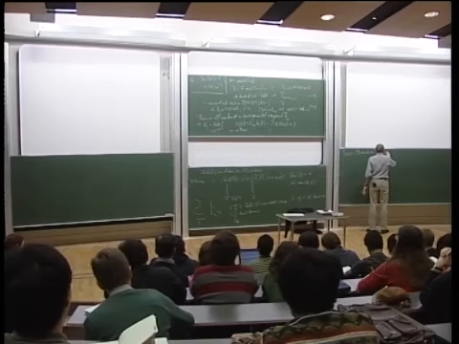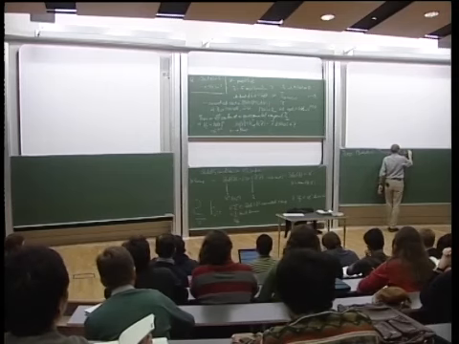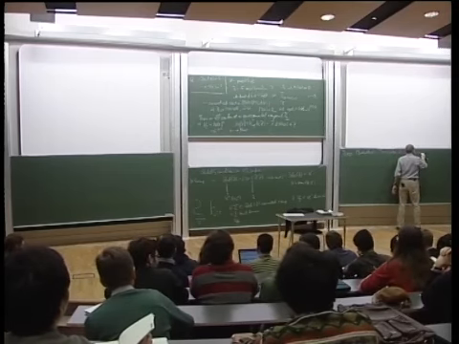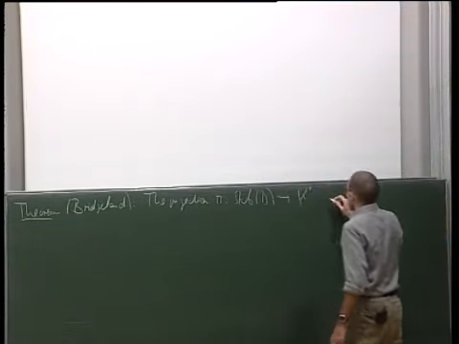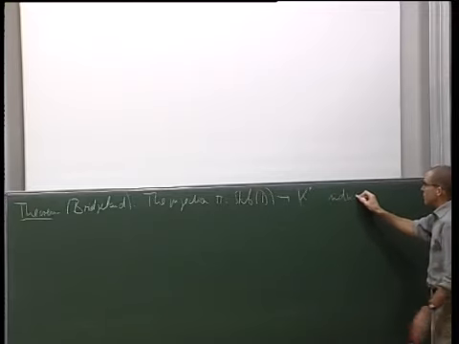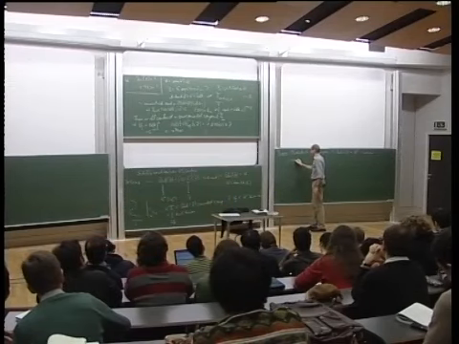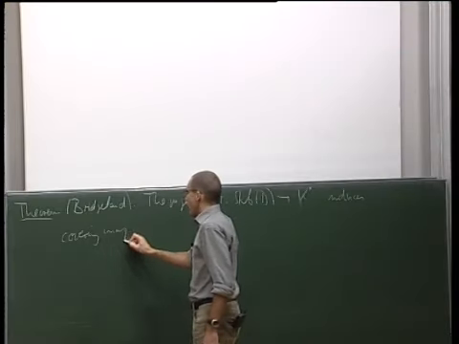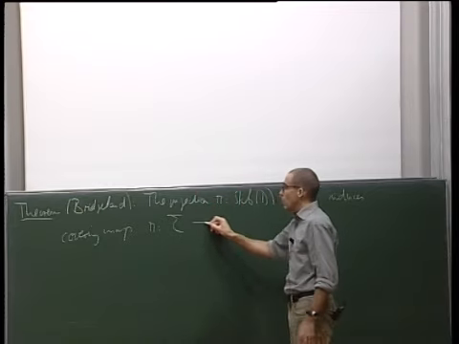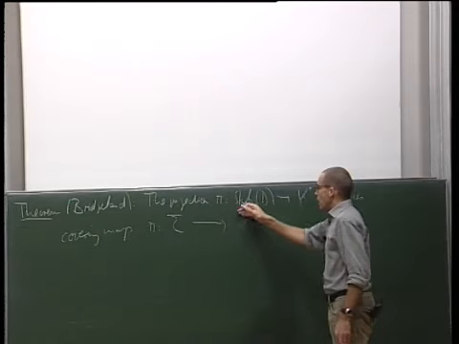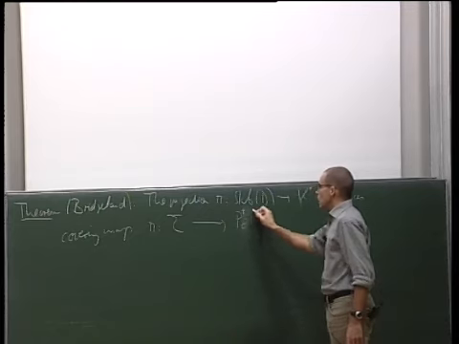The projection pi from Stab(D) to K star induces, since we know the fibers are discrete, a covering map pi from this distinguished connected component to a space which I shall denote P plus 0 of X.